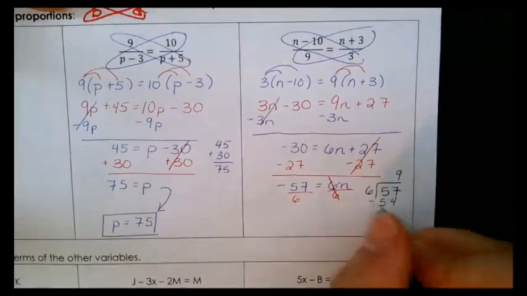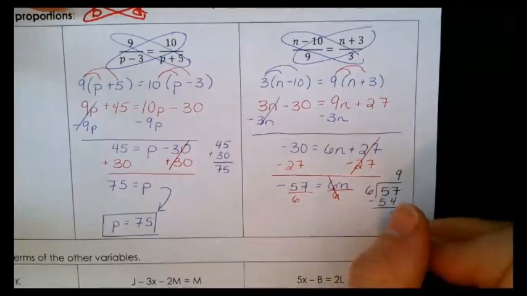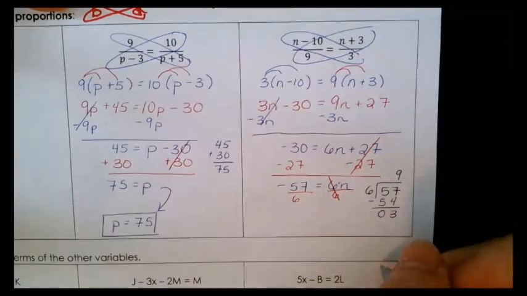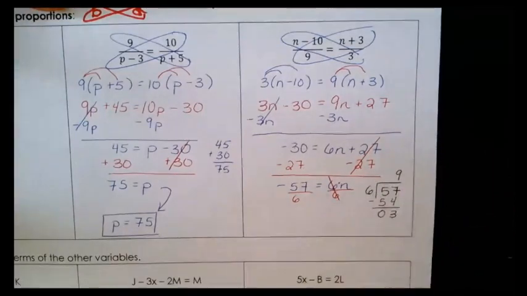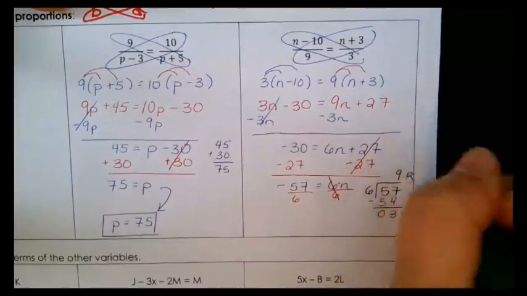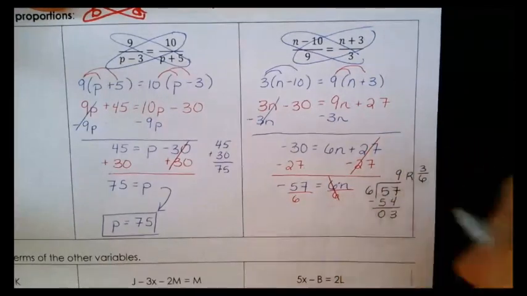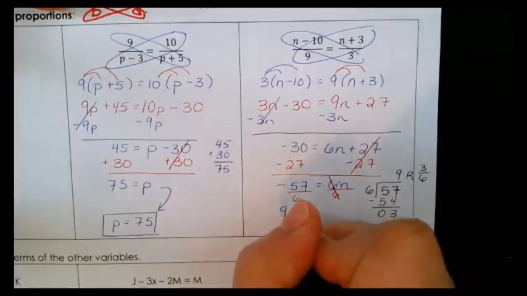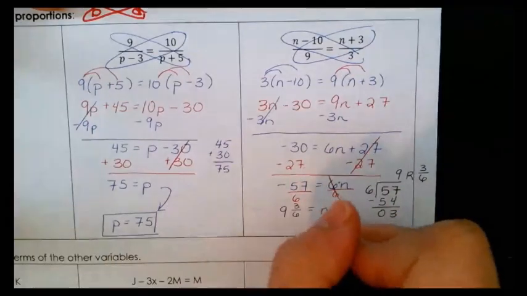So we're going to subtract 54 from 57. 7 minus 4 is 3. 5 minus 5 is 0. Now, we're going to have a remainder of 3 because 6 can't go into 3. So our remainder is 3 over 6. Now, what does that look like? That looks like 9 and 3 over 6 is equal to n.